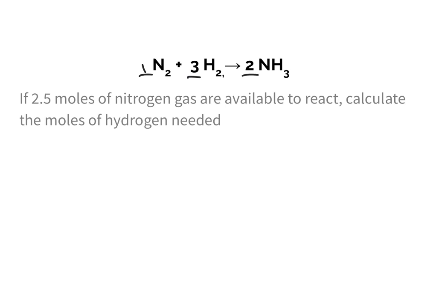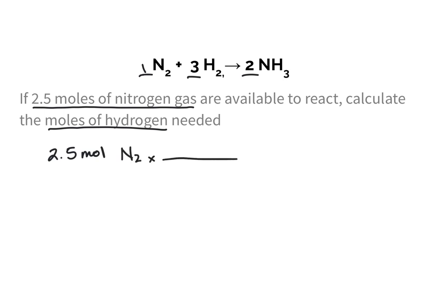So it's asking us, if we have 2.5 moles of nitrogen gas, how many moles of hydrogen are needed? So I'm going to start with 2.5 moles of nitrogen gas, and if I look at my balanced chemical equation, for every 1 mole of N2, you require 3 moles of H2.